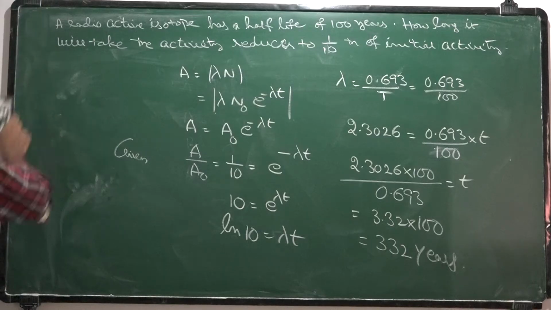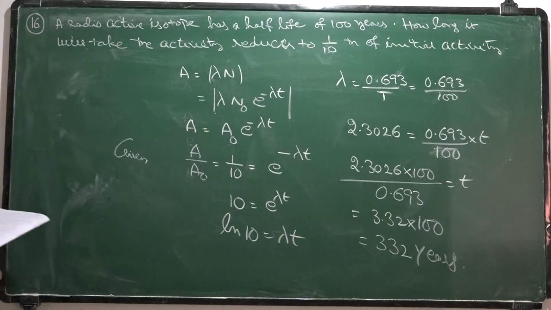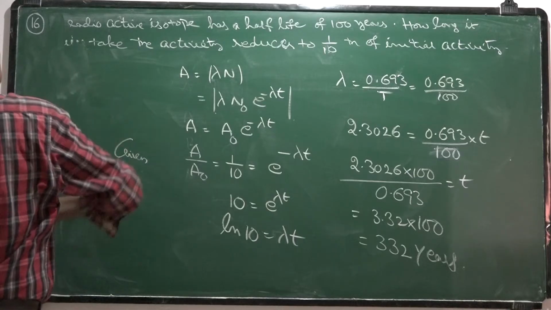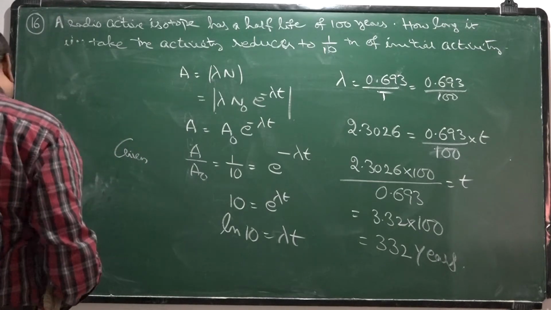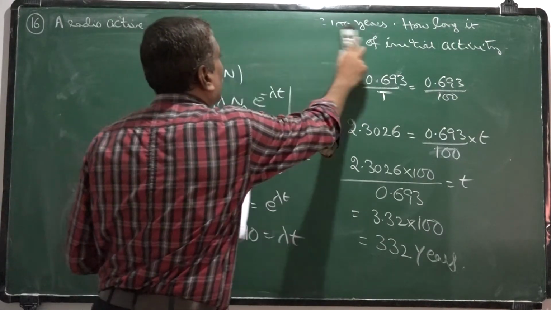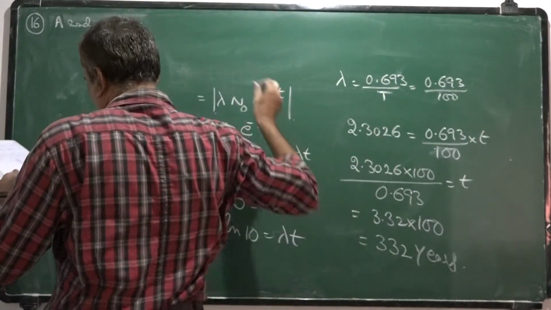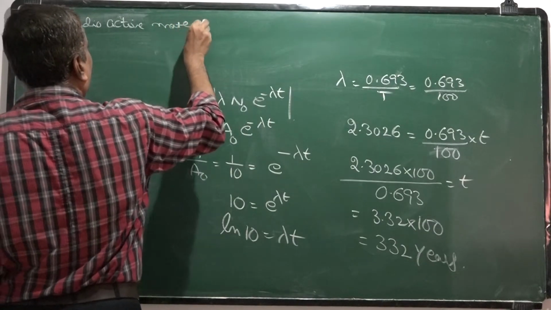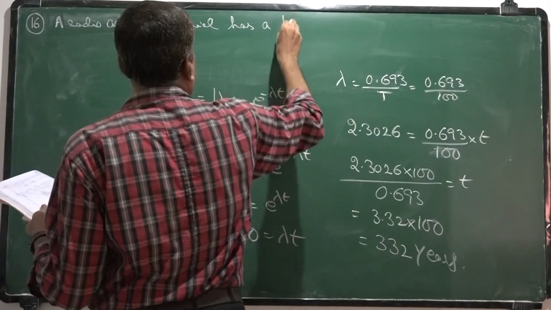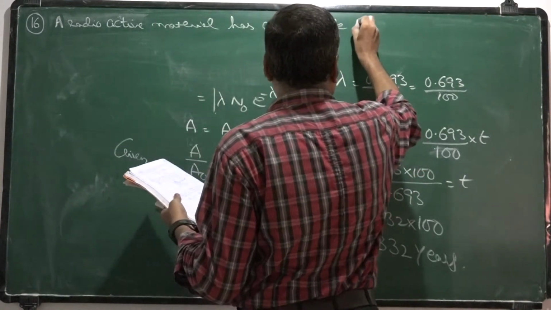Now the 16th one. A radioactive material has a half-life of 500 years.